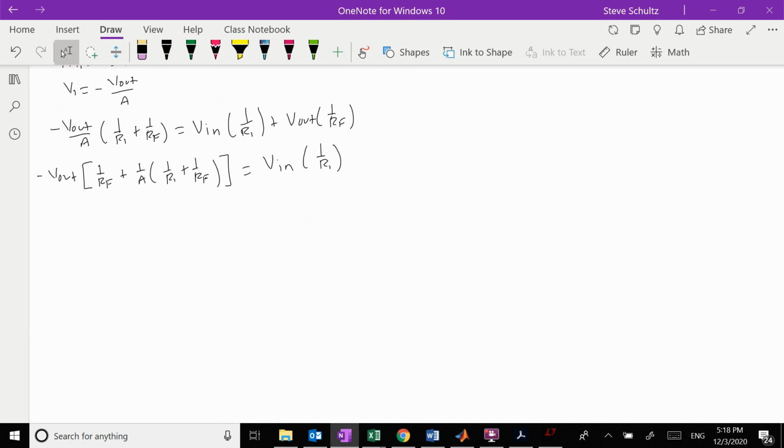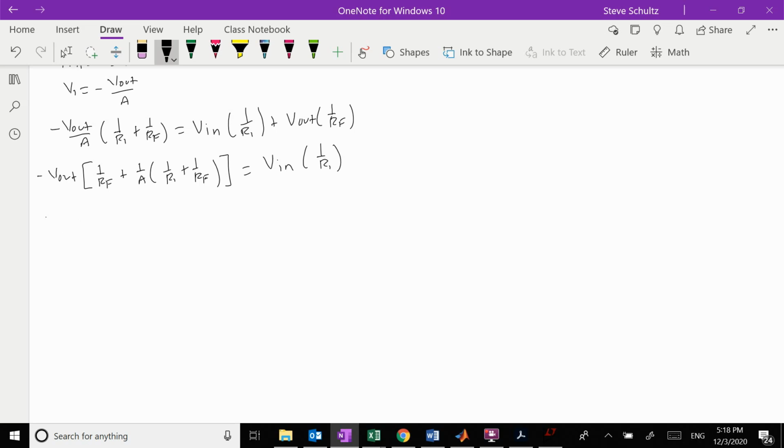Okay, so then going through this, we're trying to get our gain. So V out over V in is equal to minus, well, let's go ahead and multiply through by that R1 first, just to get the V in by itself.